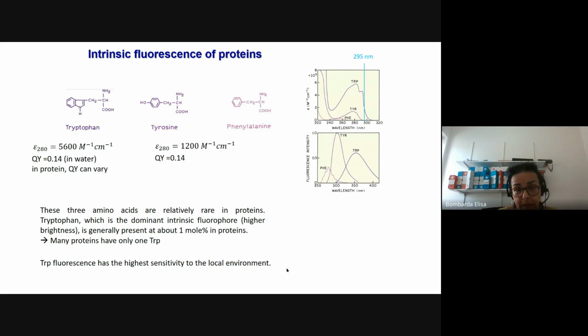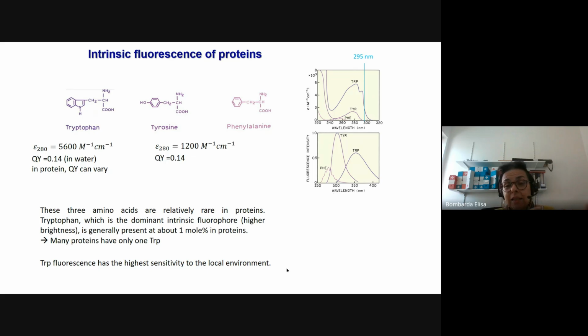So I start to give a short overview again, specifically about the intrinsic fluorescence of proteins.